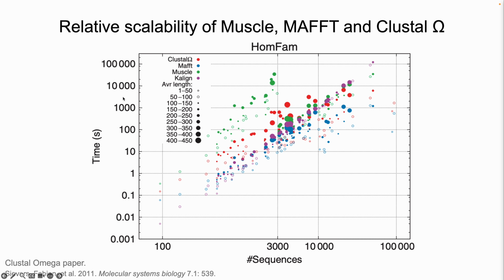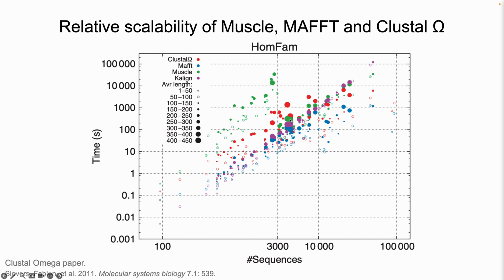Note these are both on a log scale. You can run MUSCLE under two different modes, which is why the green is up at the top, meaning it takes a little bit longer to run MUSCLE when you ask for the optimal sequence alignment. You can switch it into a faster heuristic mode, which will drop it down into the realm of the other ones.